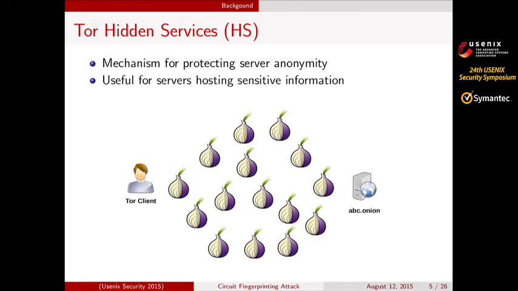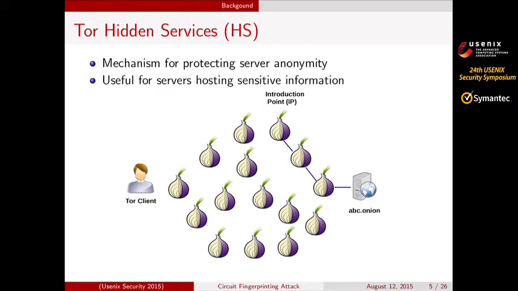Usually these have a URL ending in .onion, something like abc.onion. The way it works is as follows. First, it picks a public contact point called an introduction point, or IP, which will serve as the front to your hidden service, and then it builds a Tor circuit to it.